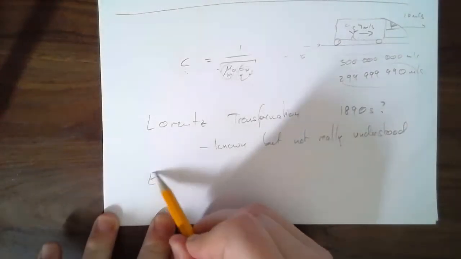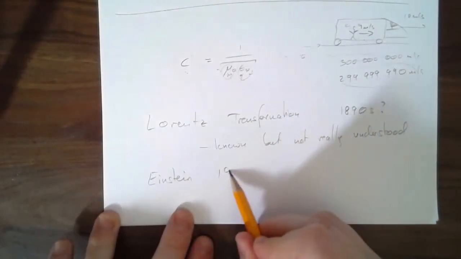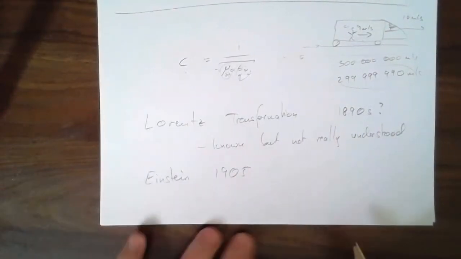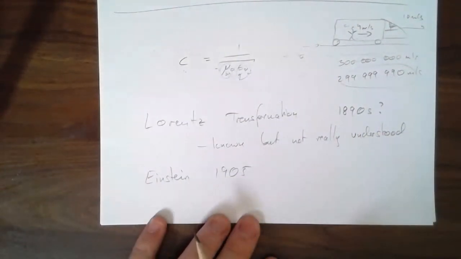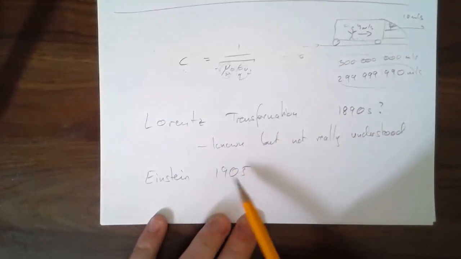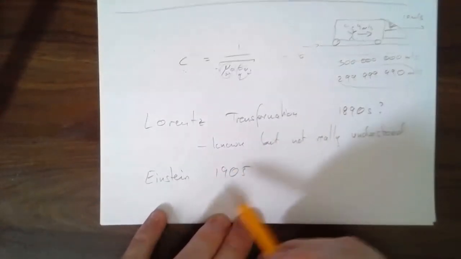But it was only then in 1905 that Einstein published a bunch of stuff. It was the famous year when he had like 5 major papers, one of which got him the Nobel Prize later, but each of those 5 could have given him the Nobel Prize.